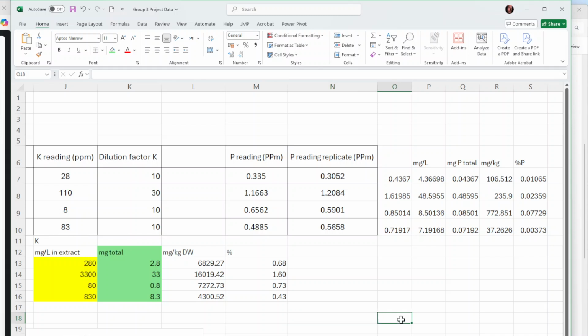I will paste it here on the bottom. This is the calibration curve from your data, okay?